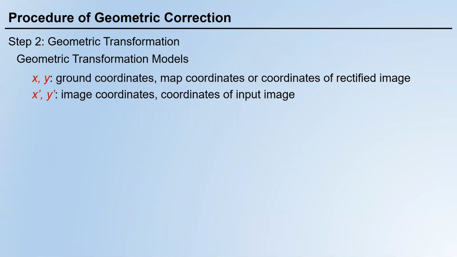Usually we use x and y for ground coordinates, map coordinates, or coordinates of the rectified image, or we can say coordinates for the output image. x prime and y prime, on the other hand, are image coordinates of the input image, or you can consider them as coordinates before geometric correction.